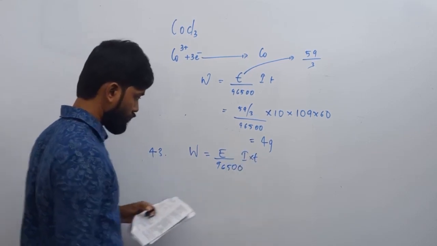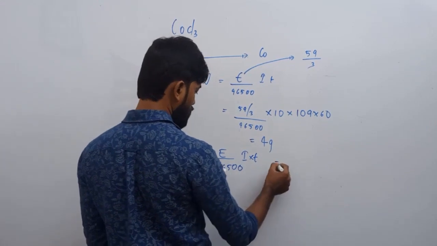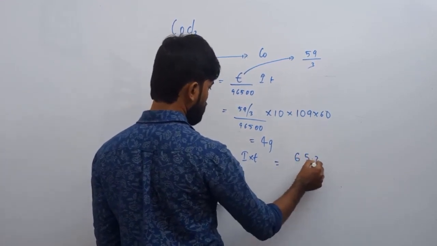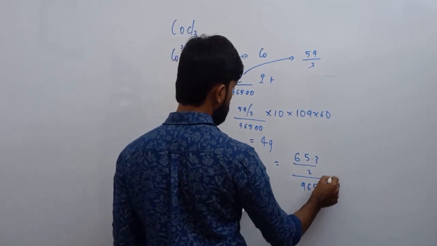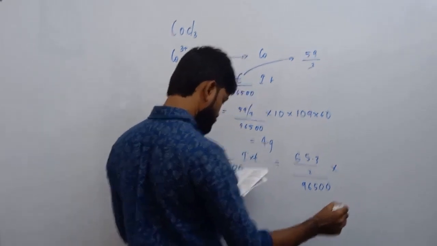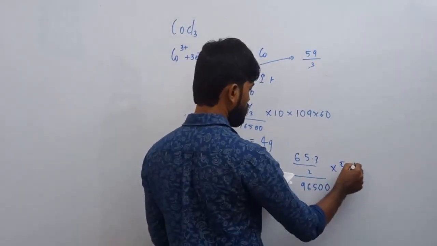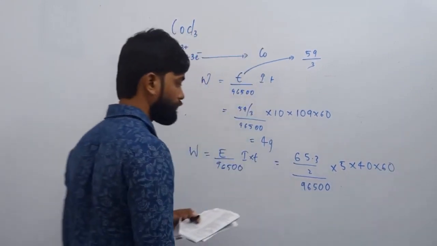Okay. So the current 5 amps, equivalent mass of zinc is 65.3 divided by 2 divided by 96500 into the current, which is 5. The time is 40 minutes, means 40 into 60.